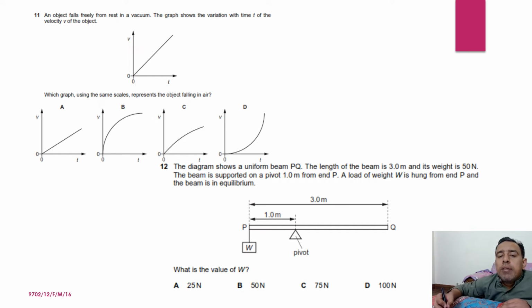Here we have the velocity time graph, but in this question, using the same scale, it represents the object falling in air. It's falling in air. Falling in air means the terminal velocity. Terminal velocity is actually the constant velocity.